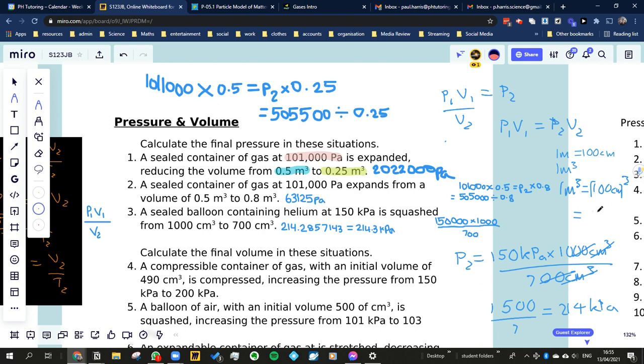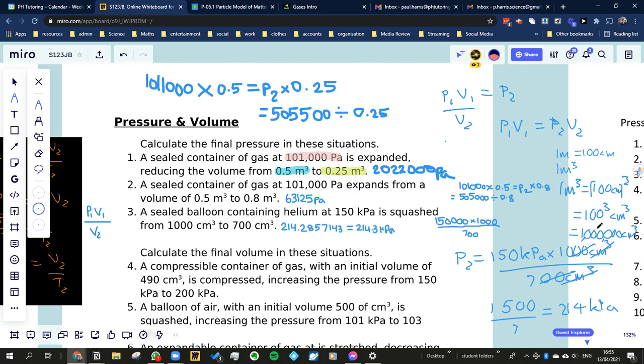And so you can see we're going to end up with 100 cubed times centimeters cubed, which is actually going to be 1 million centimeters cubed.